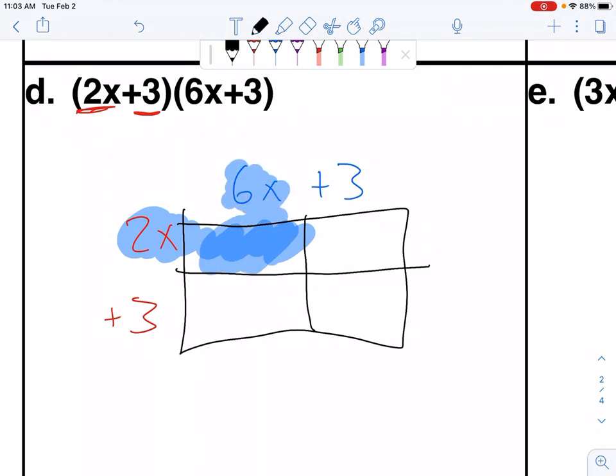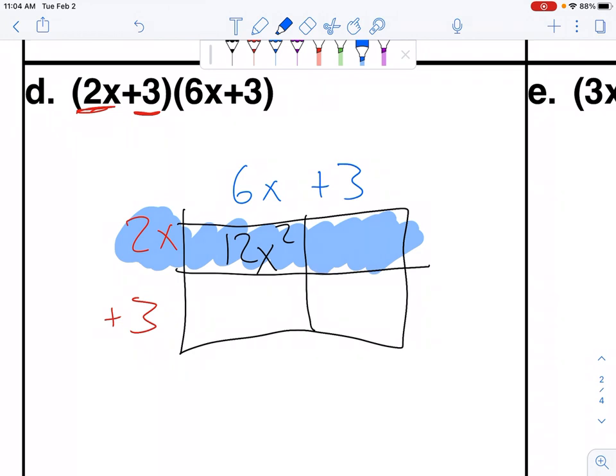And that is going to make 2 times 6, which is 12, and x times x, which is x squared. Now we're looking at what would happen when we do 2x times 3. So we're going to do 2 times 3 to get 6, and then that x stays attached, so it's 6x.